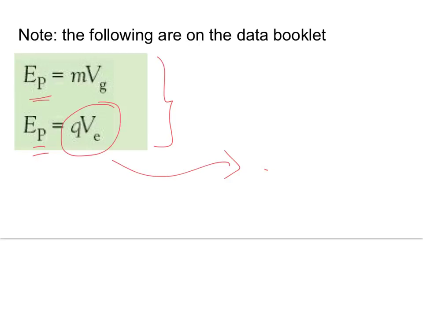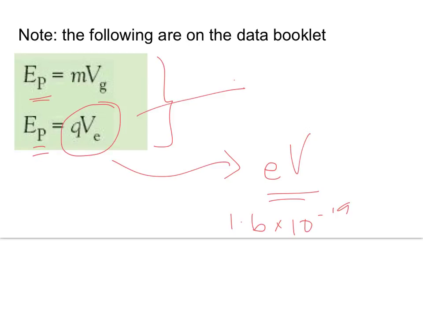Now Q on an electron would be e, which is 1.6 times 10 to the minus 19. So really we're just looking at this relationship, energy equals eV, which we've definitely seen before. And this is probably the form in which you're more likely to use it.